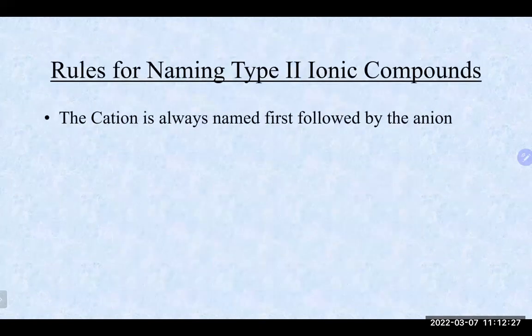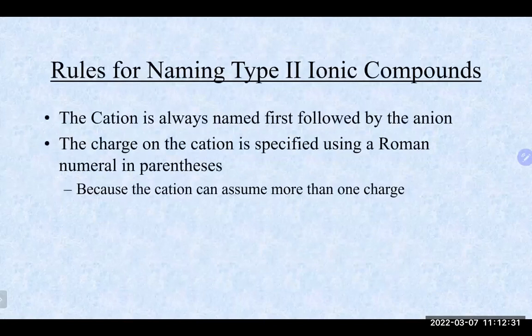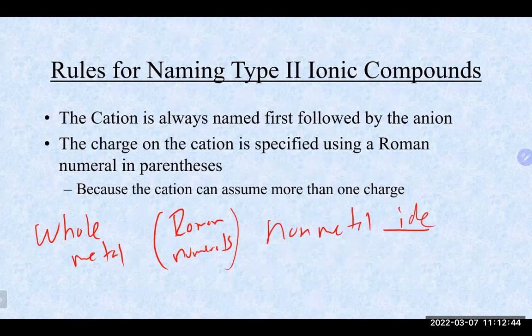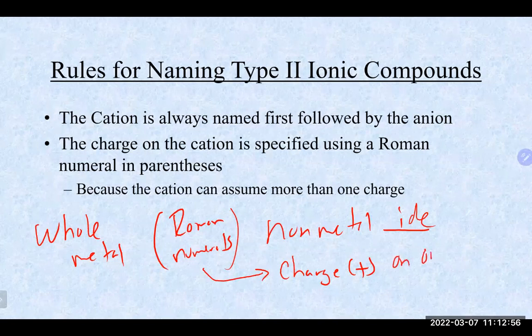All right, so as I mentioned earlier, we use the whole name of the metal with the type 2. We use our Roman numerals, and we use our non-metal with the -ide at the end of it. Again, the Roman numeral is the positive charge on one cation.